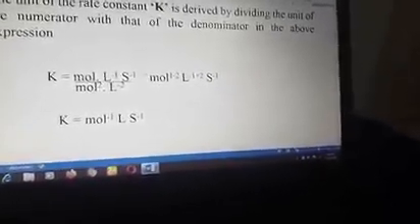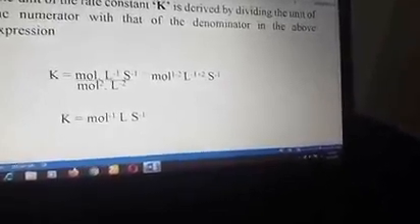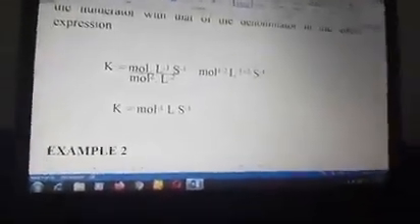Mole on the numerator has power 1. Collecting the powers, taking the 2 from mole squared up becomes 1 minus 2, applying indices. For liter, the power goes up and becomes plus 2. Second appears only once on the numerator. Adding up the powers, 1 minus 2 gives minus 1 per mole, and minus 2 plus 1 gives 1 for liter, and then per second. That's how we obtain the unit of K.